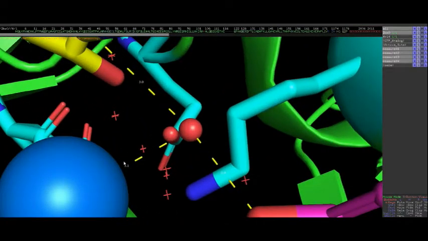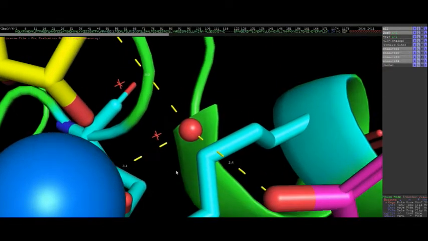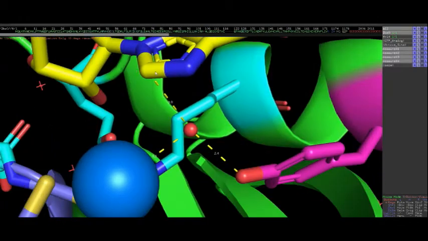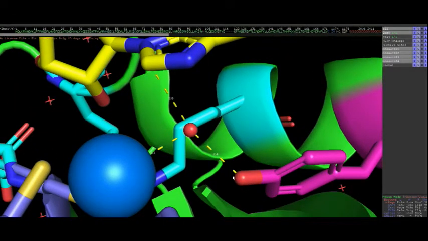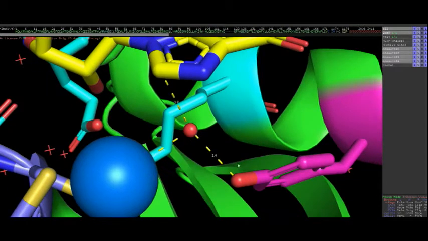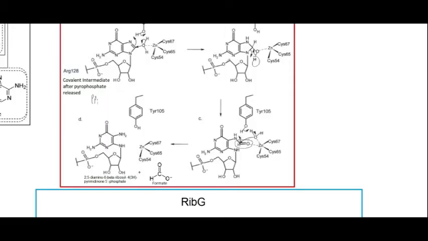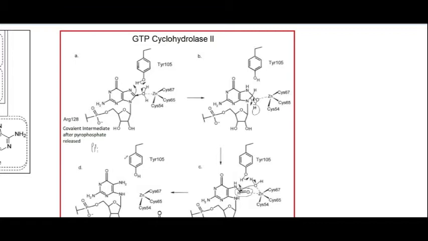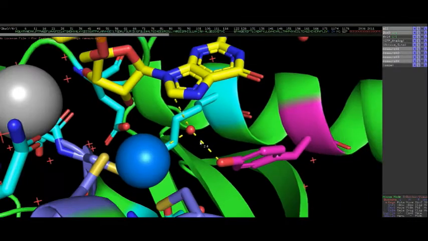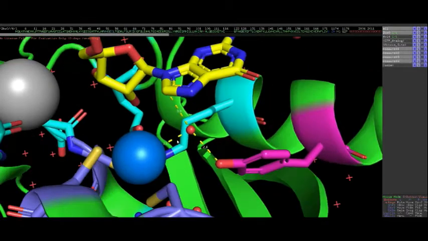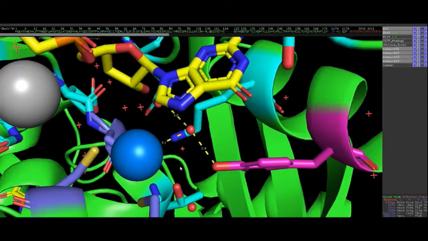Might be hard to see, but it's 3.1 angstroms away from that zinc, and 3 angstroms away from this carbon that it will be attacking, and 2.4 angstroms away from the tyrosine that we saw here, this tyrosine 105. And so we can see how that water is brought close to this carbon here, so that it can attack that.